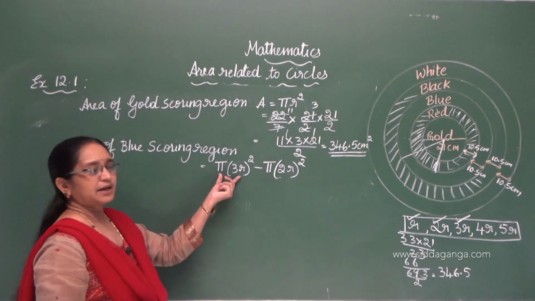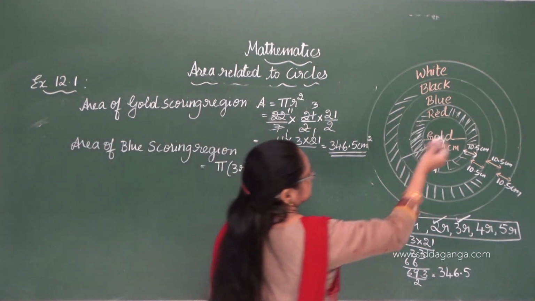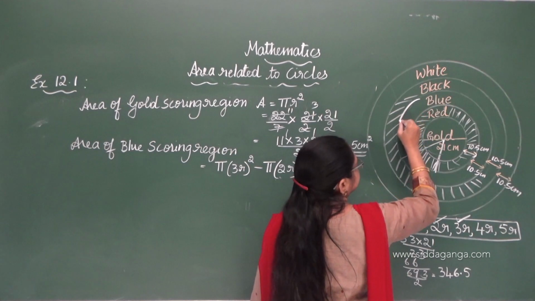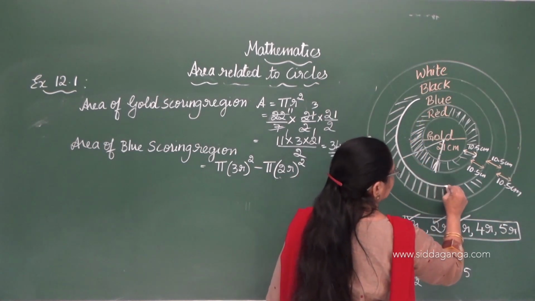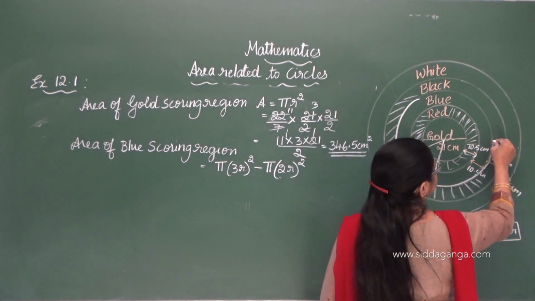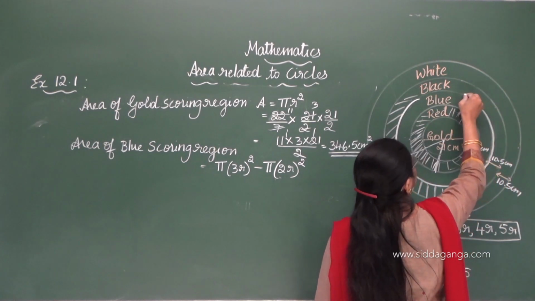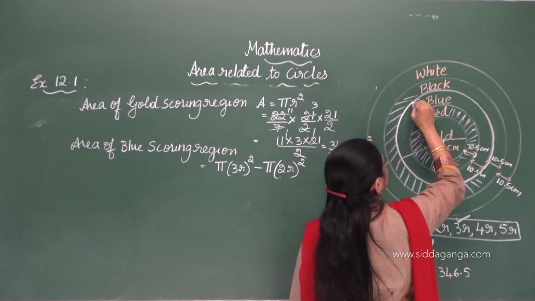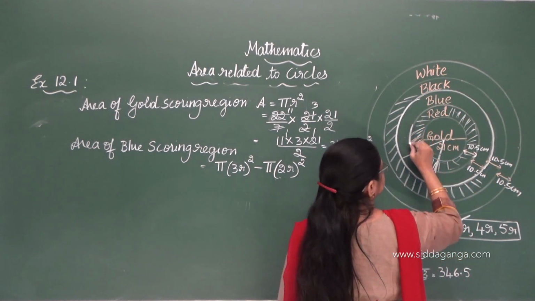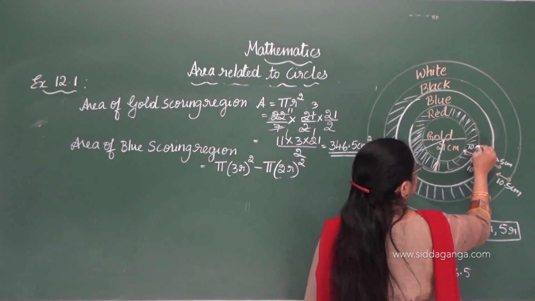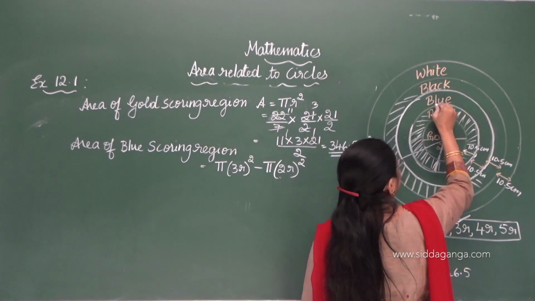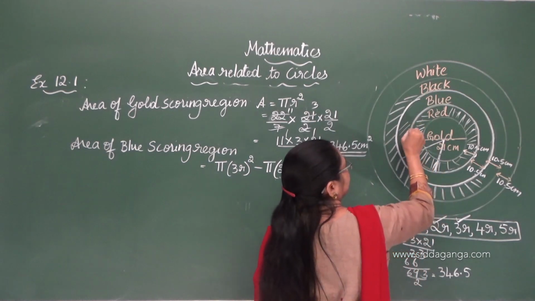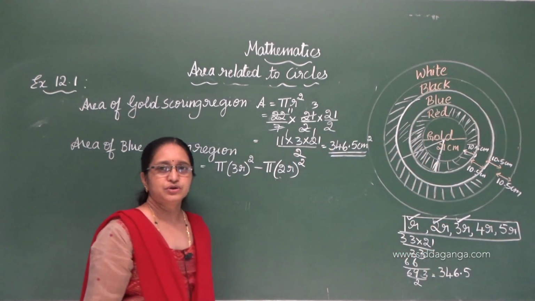See this is the bigger circle. Once I will draw here, see this circle, minus this one. So this will give you this area, that is the blue region.